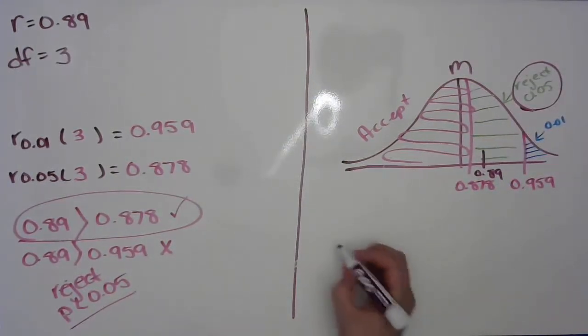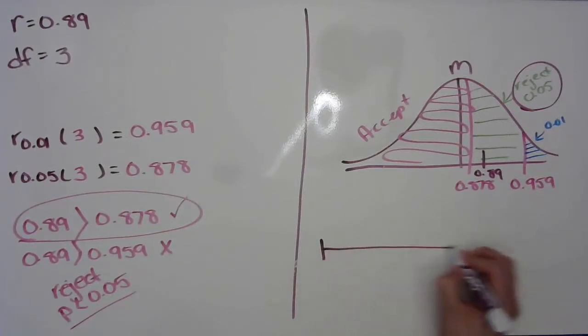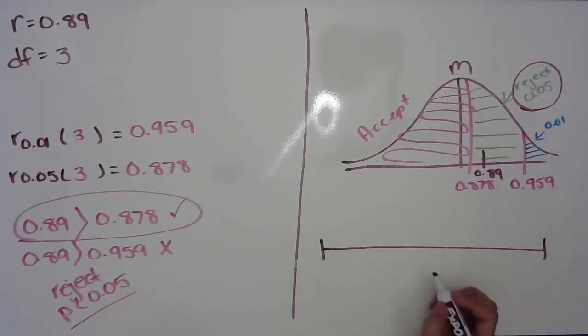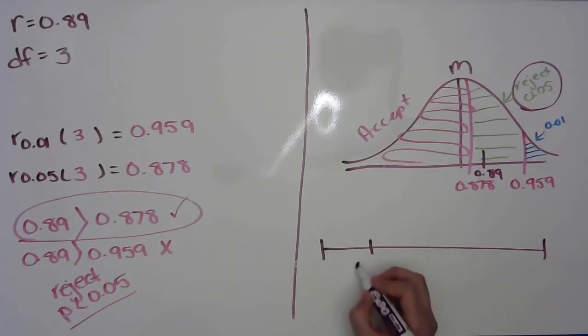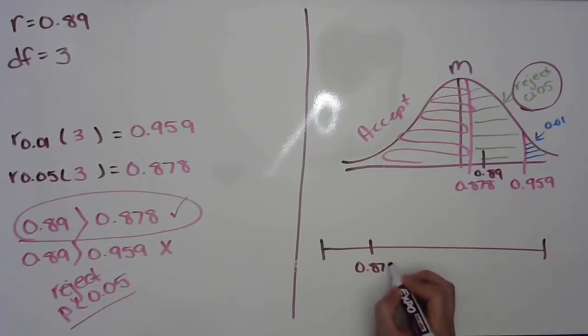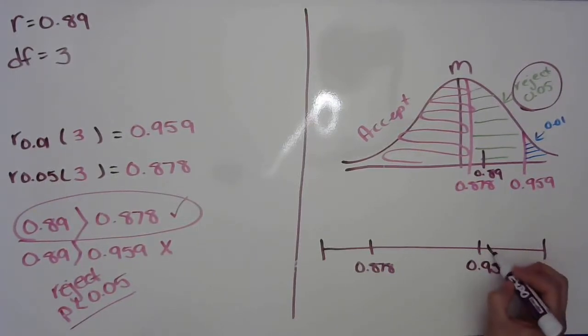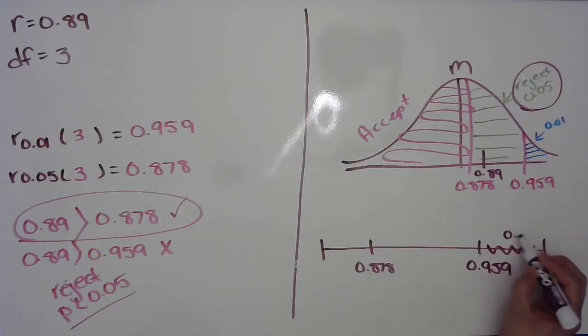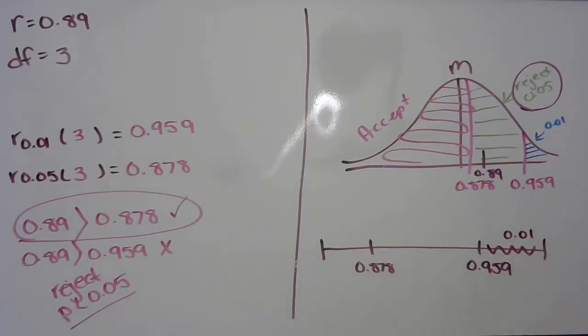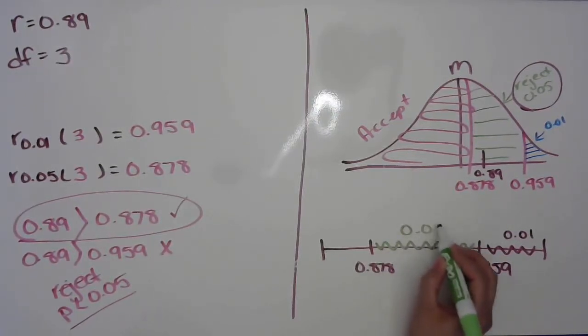So you can do the same thing on a number line if you want, the same exact thing. So you can have your 0.878 and your 0.959, and then anything over here is 0.01. And anything over here is 0.05.